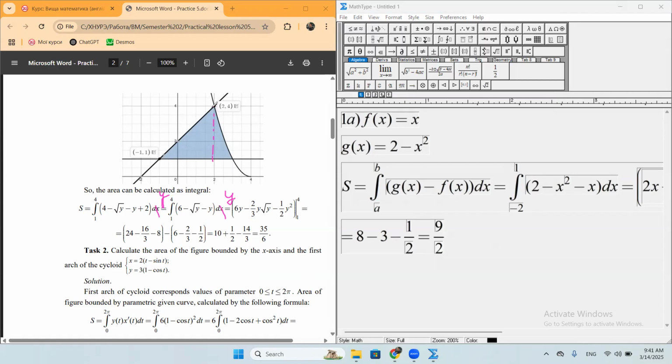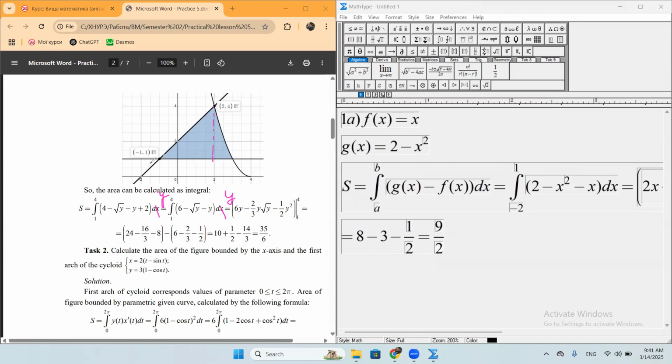Firstly, find the area of this region, and then find the area of this region, and after that add them. But if we integrate by y, we calculate from this to this, and it is more convenient, so we have to calculate only one integral instead of two.